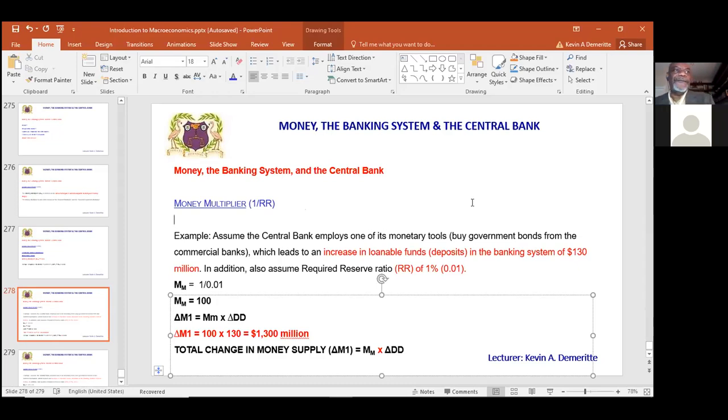If you remember our fiscal multiplier, for example, our consumption multiplier was what? 1 over 1 minus MPC. But in this case, our money multiplier is 1 divided by the required reserve ratio. So if we assume the required reserve ratio is 1%, then our multiplier is 1 divided by 0.01, because that's 1%.